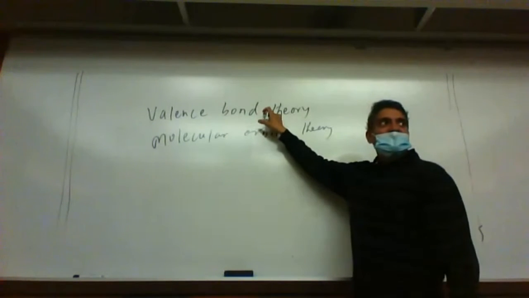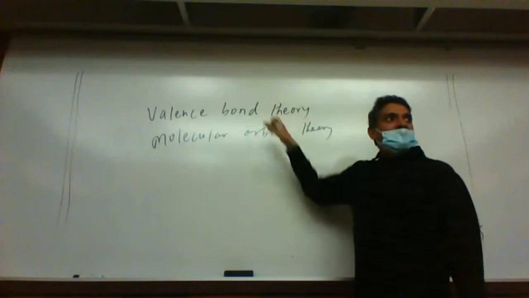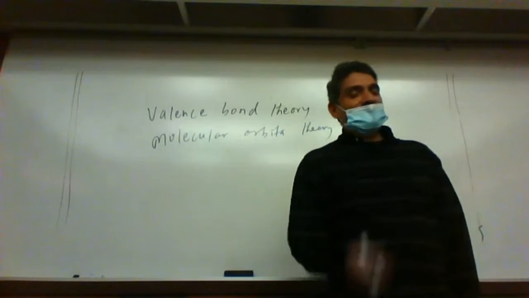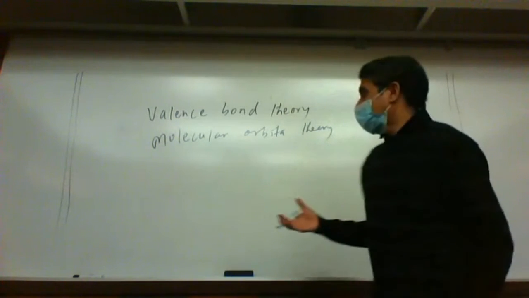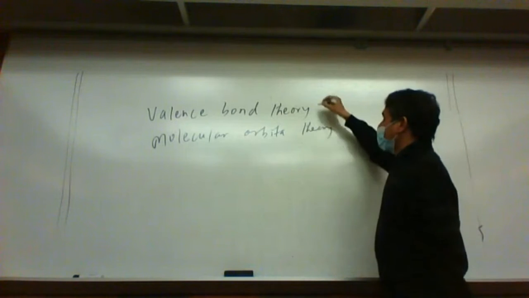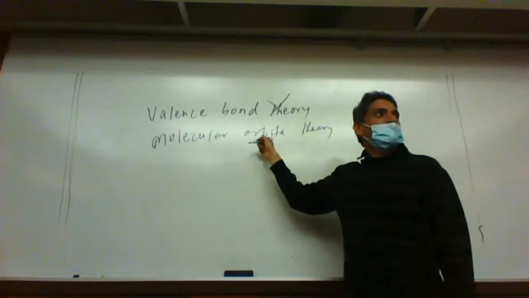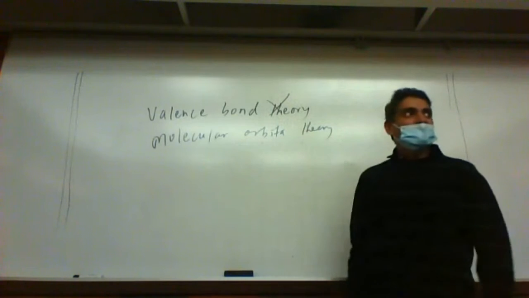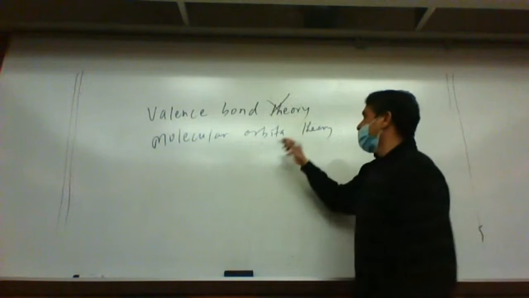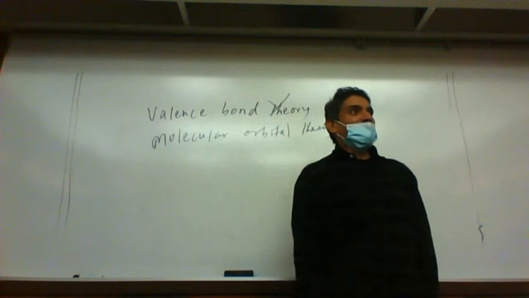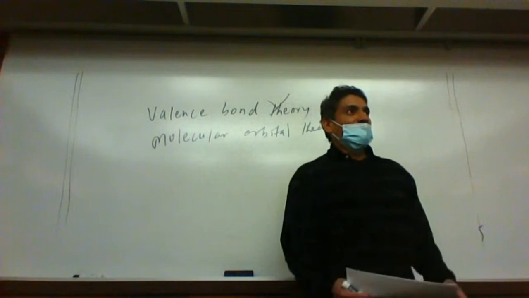Some of the molecular structures are so well explained by valence bond theory that we don't need molecular orbital theory. And some molecules cannot be explained by valence bond theory, and we need molecular orbital theory. So we use both theories so that we can explain most of the molecules that we encounter in daily life.